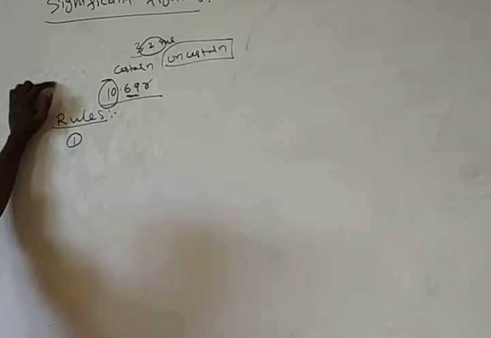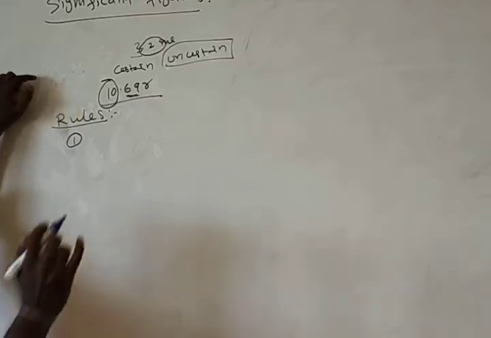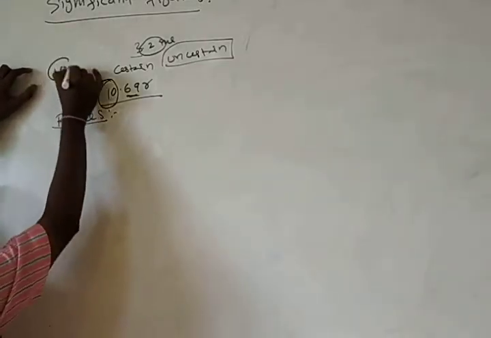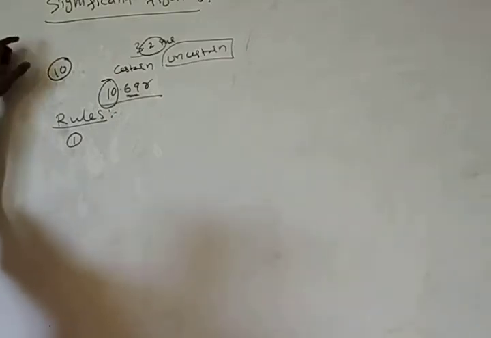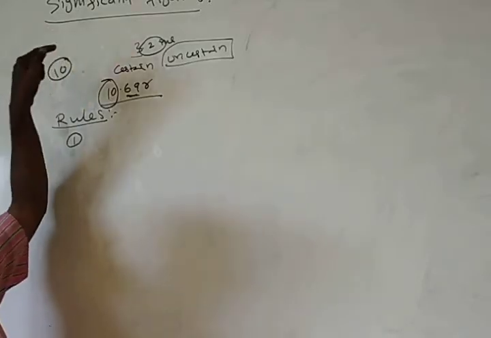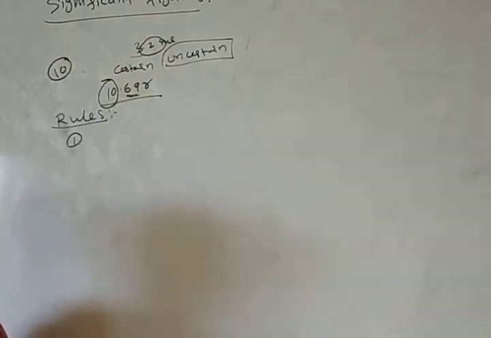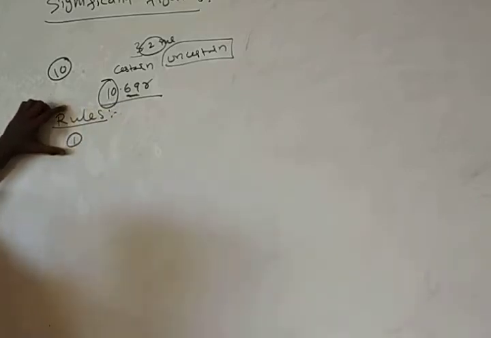Before seeing the rules, I just want to tell you that 10 numbers can be significant, including 0: 1 to 9, and 0 also is a significant figure. These 10 digits are considered significant figures, that means having some certain value.